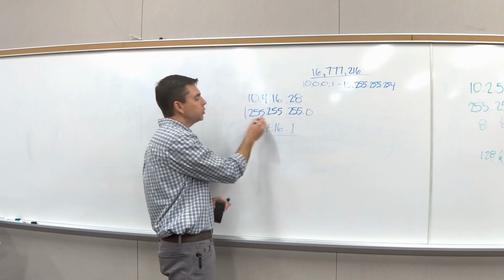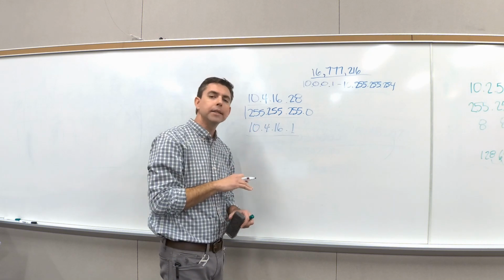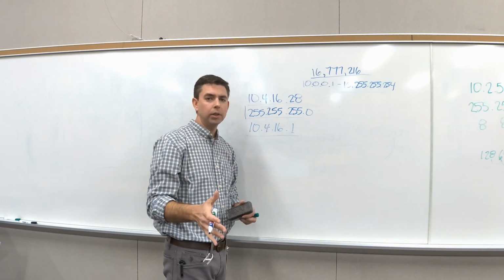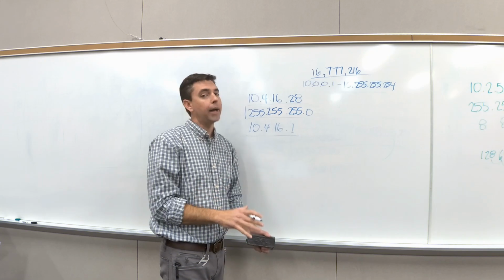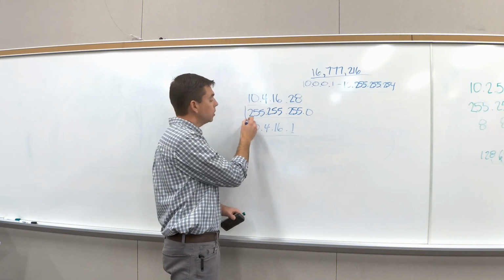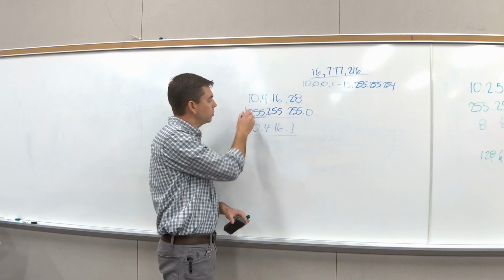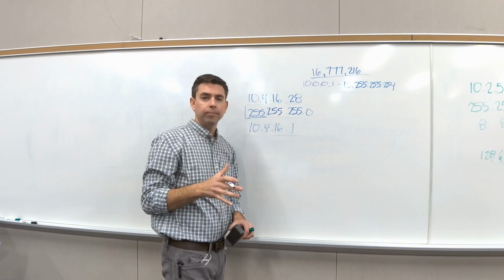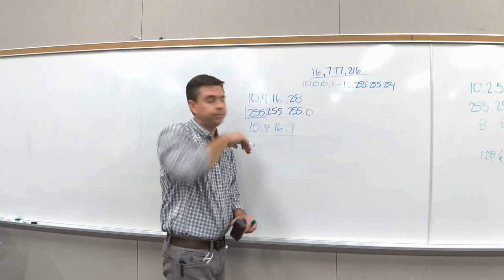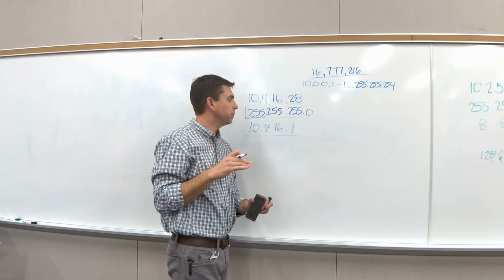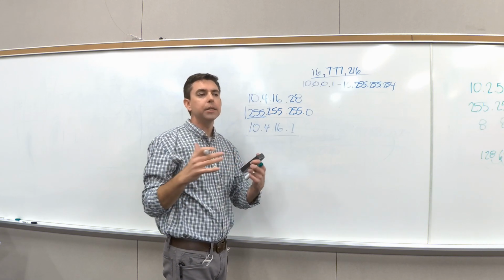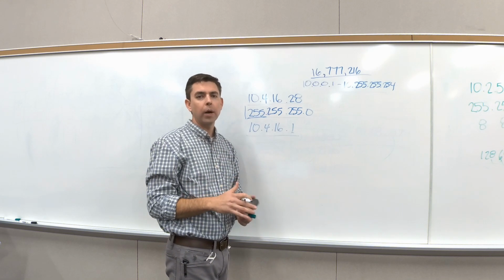When you see 255, you know that section is completely blacked out for a network address only. Side note, the first number in an IP address is always going to be blacked out, because that is always used for a network address.